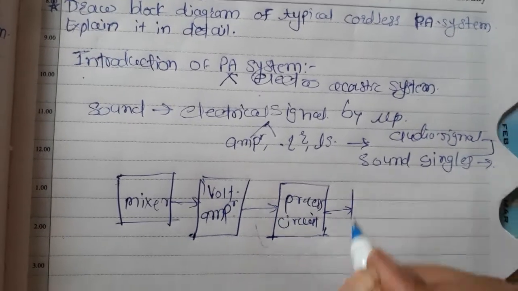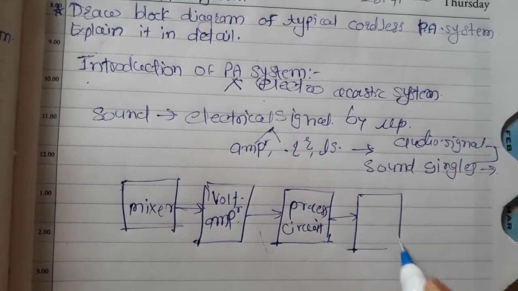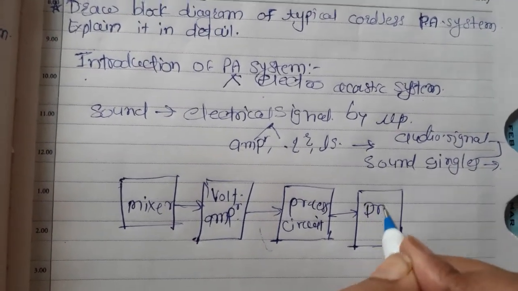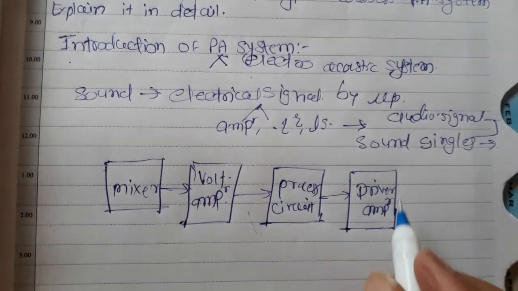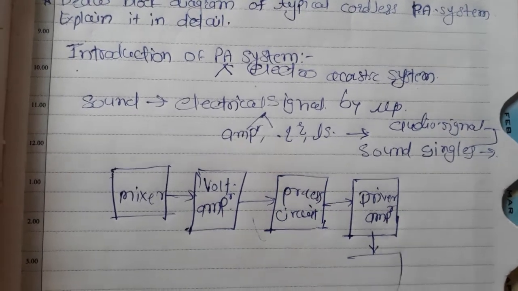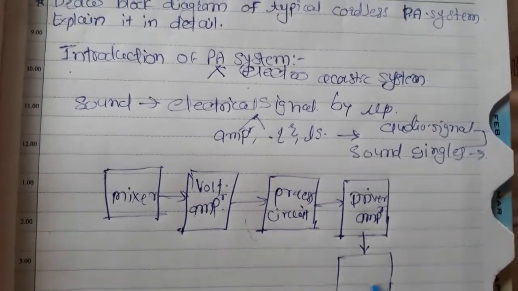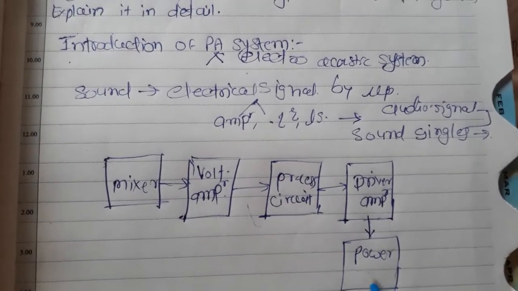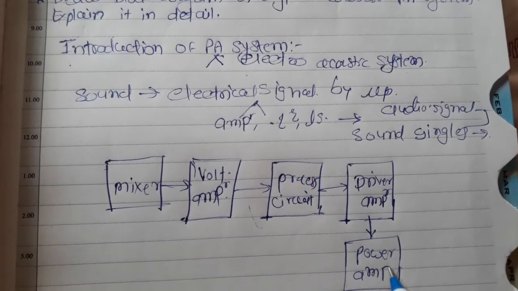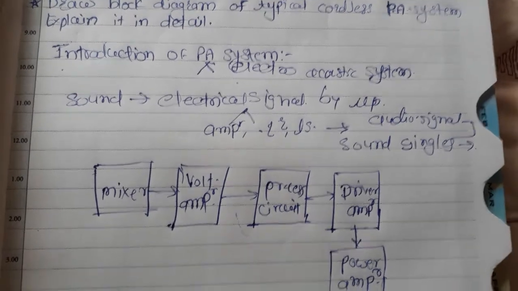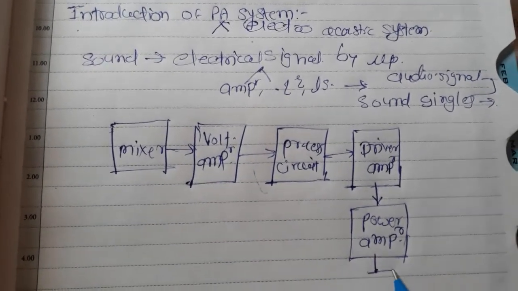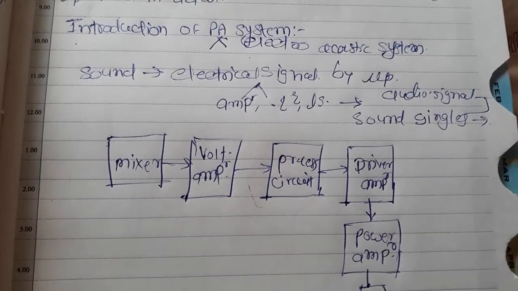Then the output of the process circuit is given to the driver amplifier, and then it is fed to the power amplifier, and lastly that signal is given to the loudspeaker.